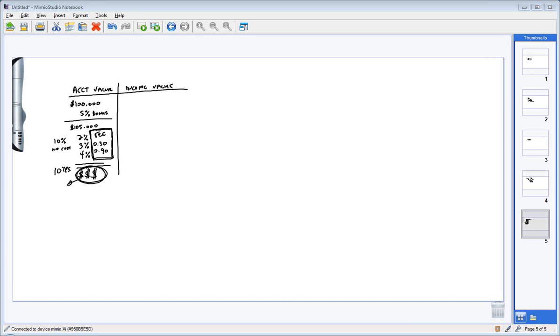So again, we start with $100,000, and you get that 5% bonus over here as well. So you start with how much? $105,000, right? And on this side, they're going to guarantee you a growth rate as well.